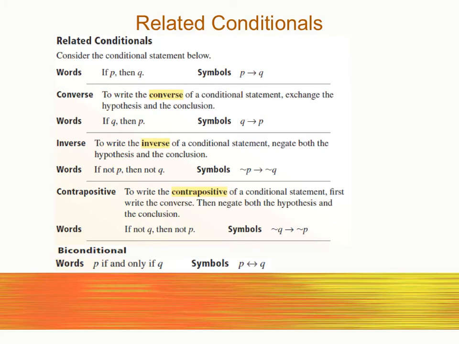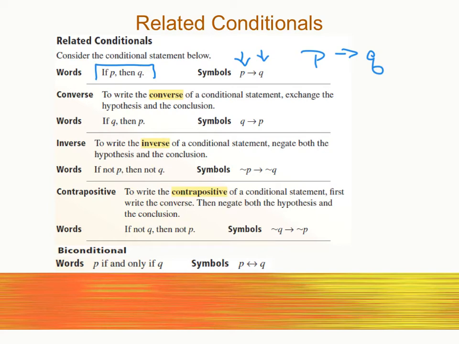Okay, the next slide is everything that we just covered. Instead of saying if P, then Q, they would show the direction that it happens. Remember, P is your hypothesis and Q is the conclusion. For a normal conditional, they would show a P and then an arrow, which is the flow of the sentence.